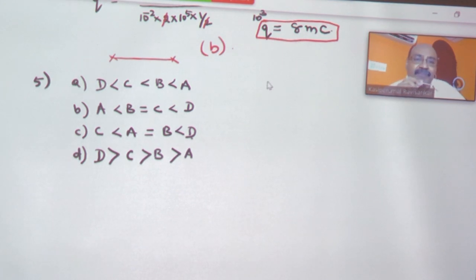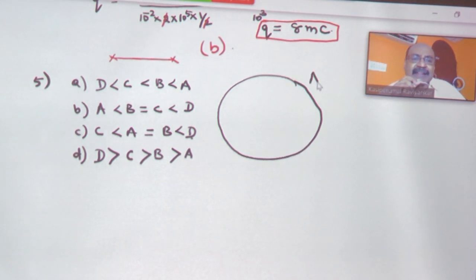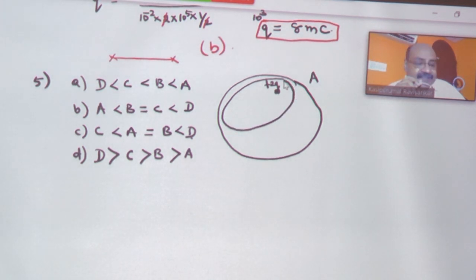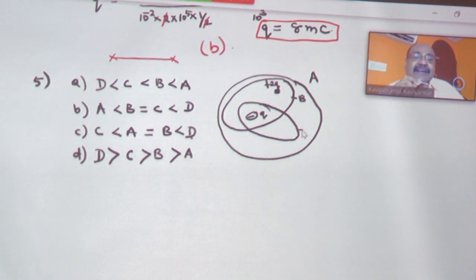What is the problem? See, the diagram is given. First of all, they have given a surface and representing that surface as A. Inside that, they have a charge represented as plus 2q, and this plus 2q is enclosed by another surface, which is represented as B. Then here they have another charge, minus q, enclosed by another surface, and that surface is represented as C, which also has another charge, plus q.